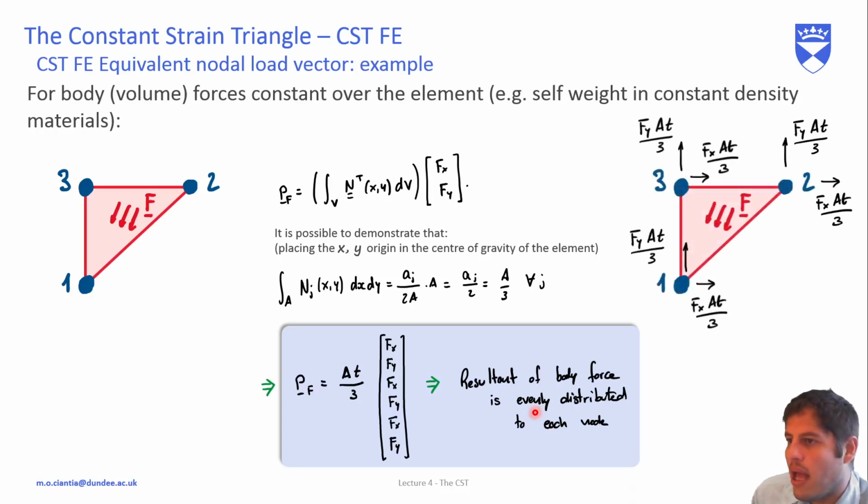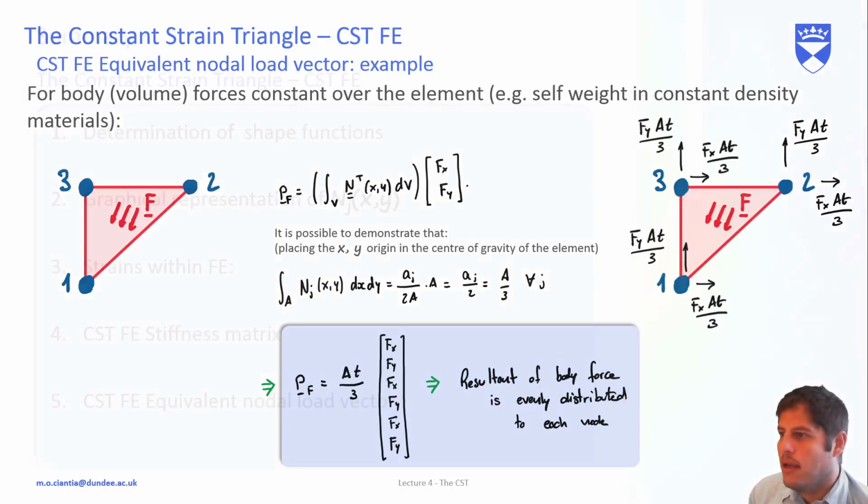Well, Fy over 3 on node 3, Fx over 3 on node 3. So basically F times the area and thickness gives the total force, because F is over a volume, and the volume is the area times the thickness. We divide by 3 and we distribute in X and Y one third on each node.